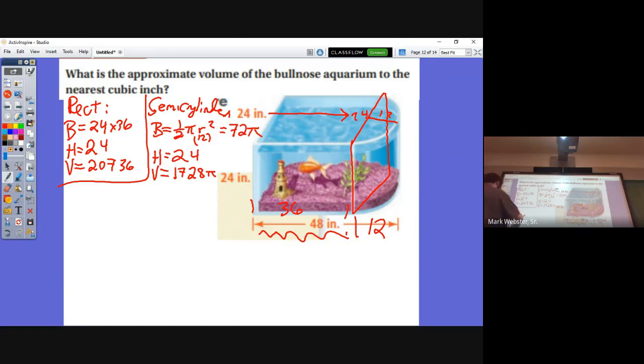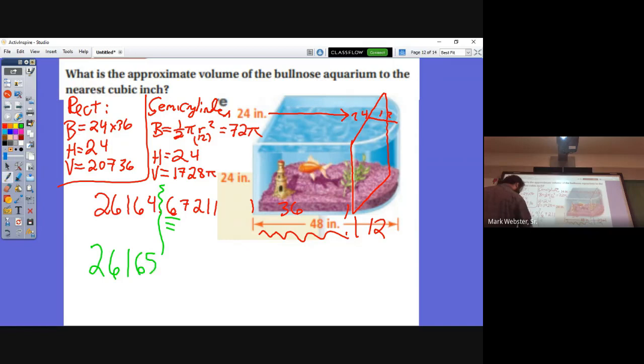What you end up with is 26,164.67211. And it says nearest cubic inch, so we're going to round. Final answer should be 26,165 cubic inches.